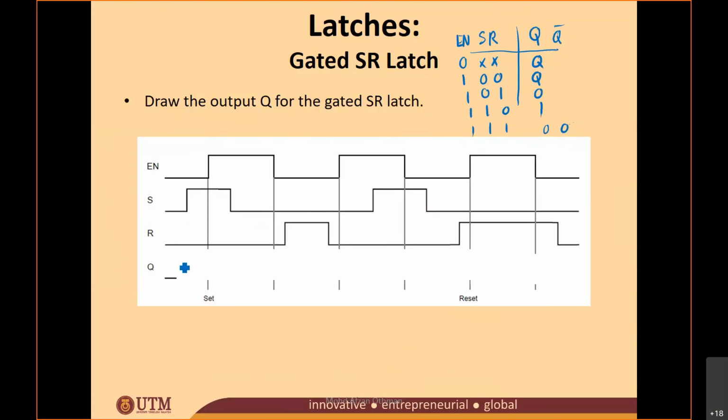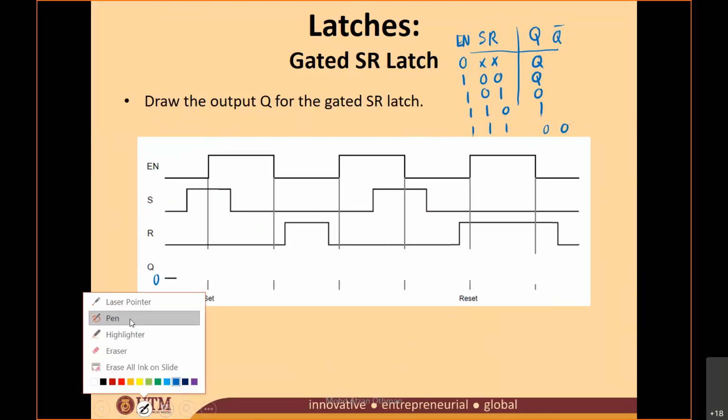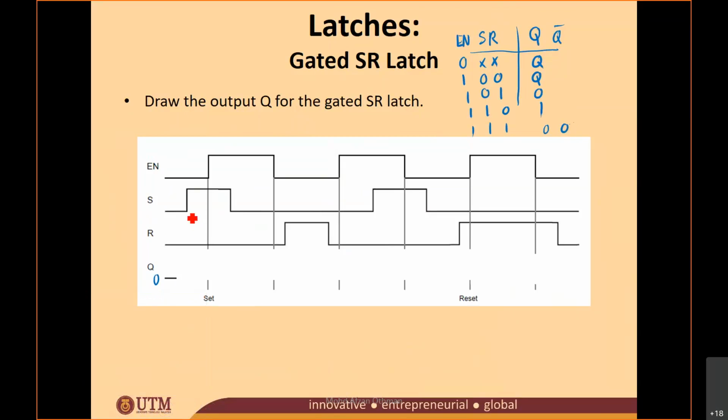Okay, so let's look at this timing diagram. Given your input enable, S and R, next you're going to find out what is your output Q. And then dia bagi tahu kat sini the initial value of your Q is 0 lah kat sini. So first one you're going to do, selalunya saya akan draw straight line every time I see the edges.